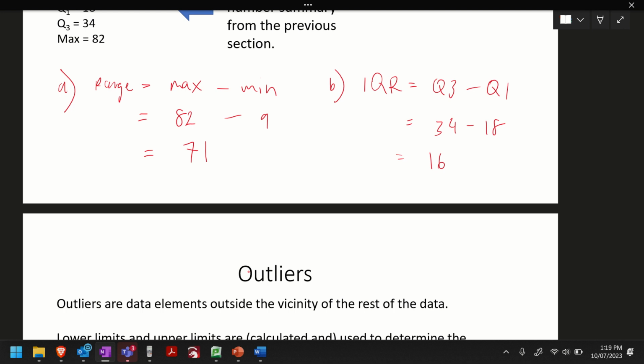Here's an example. Let's say I put everyone's age in this room in order from lowest to highest. Who would be the outlier? Me, because I'm an old man, exactly. My age compared to you guys would be really high, and it wouldn't fit with the data.